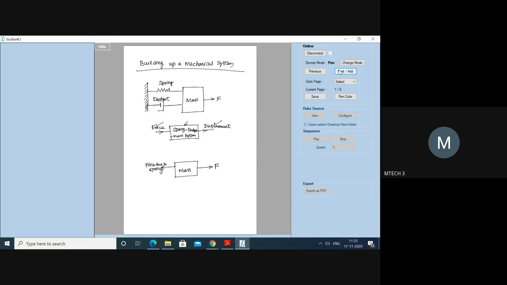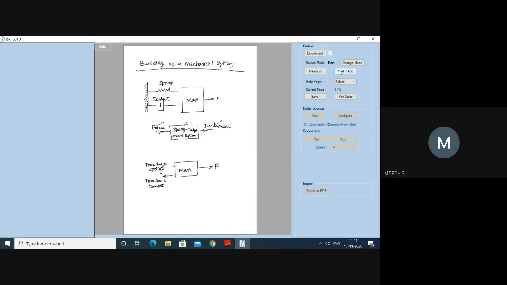Is it the only force? No, sir. There is one more force. What is that? Dashpot. This other force is due to the dashpot. Clear?